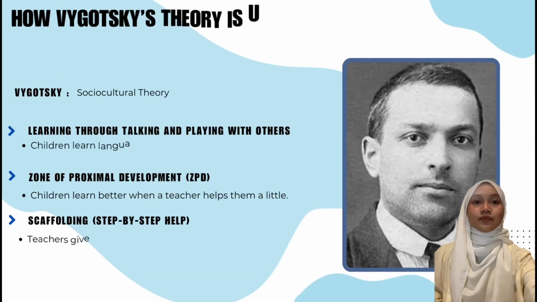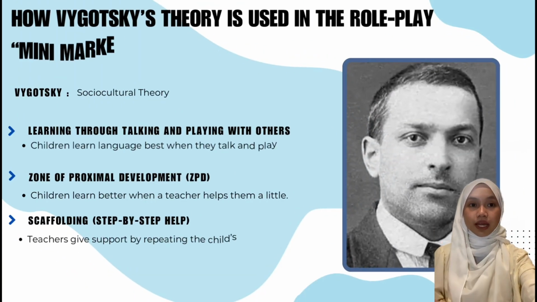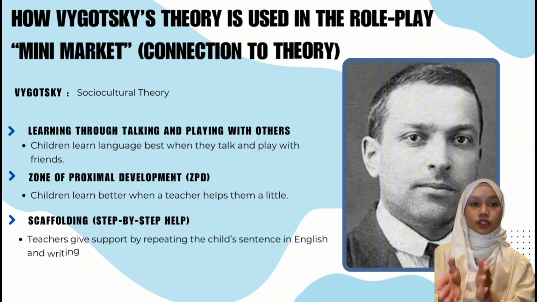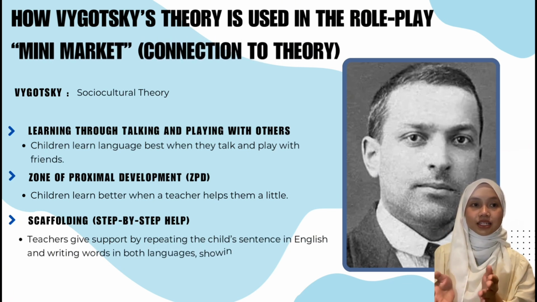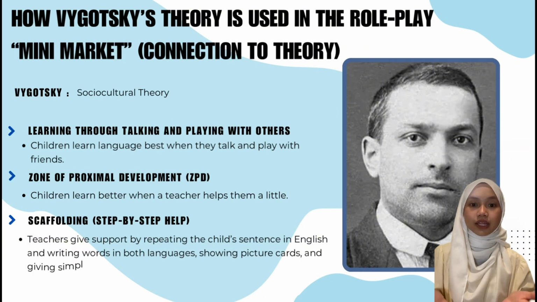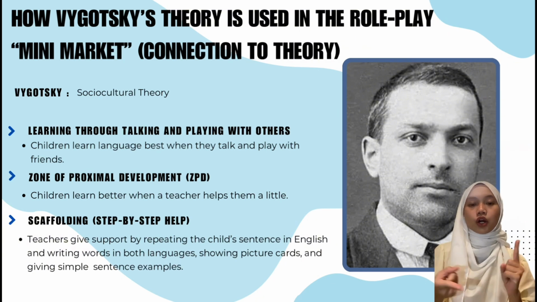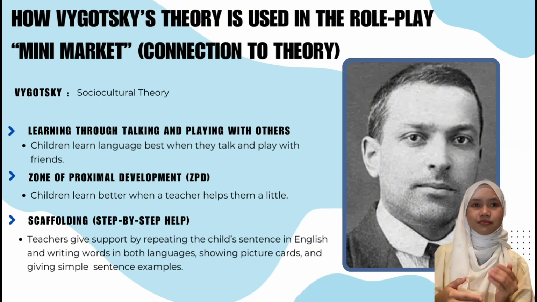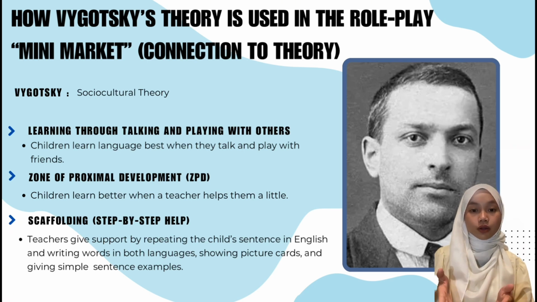Okay, next, I would like to explain how Vygotsky's sociocultural theory is connected to the role-play mini-market activity. According to Vygotsky, children learn best through social interaction, especially when they talk and play with others.